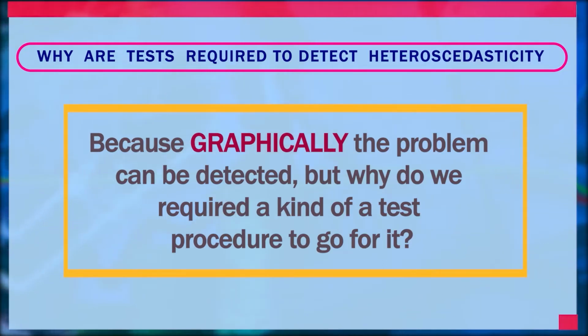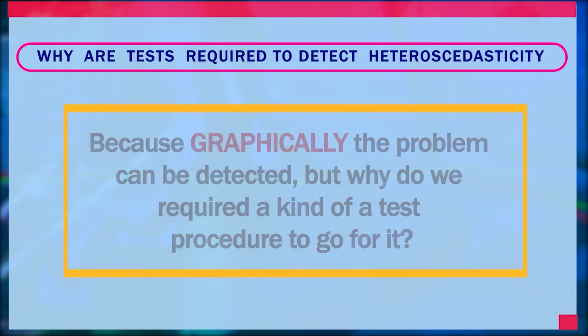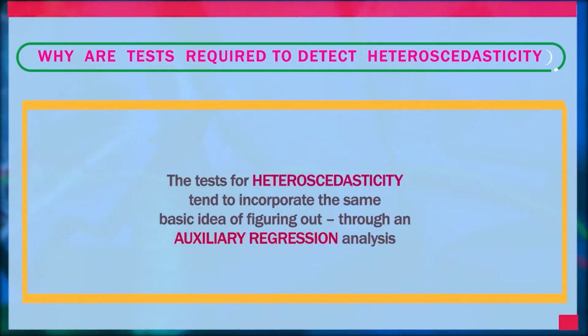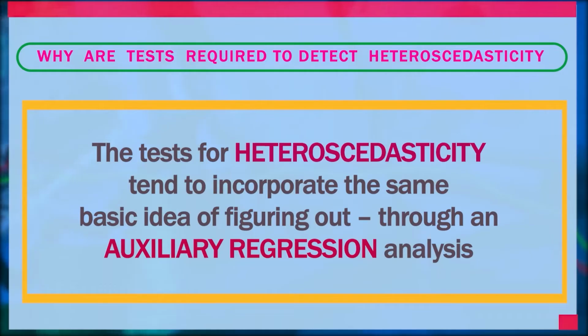Because graphically the problem can be detected, but why do we require a test procedure to go for it? In any data analysis, we go for an inferential test procedure, and based on it, it is important to identify the problem and the severity of the problem, because that requires confirmation.